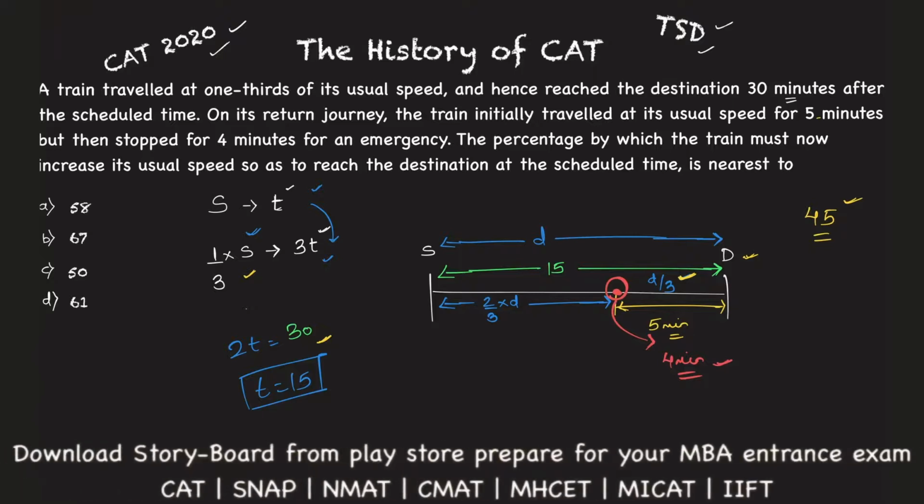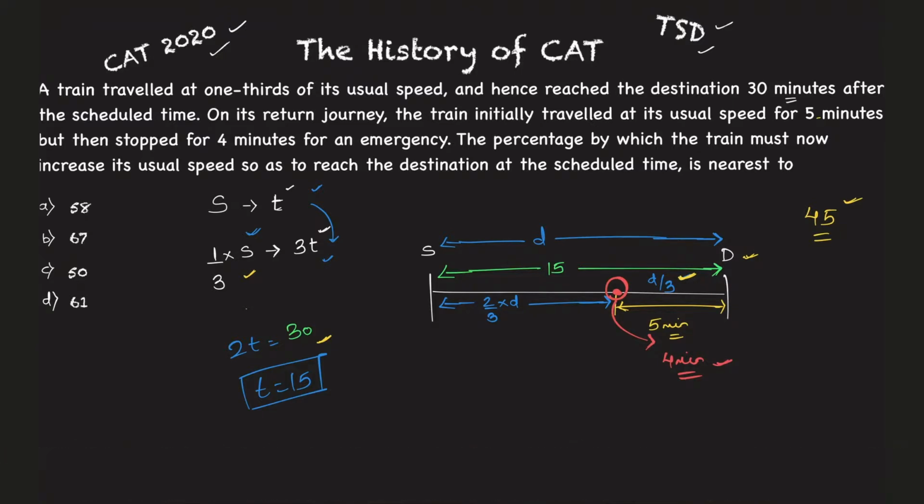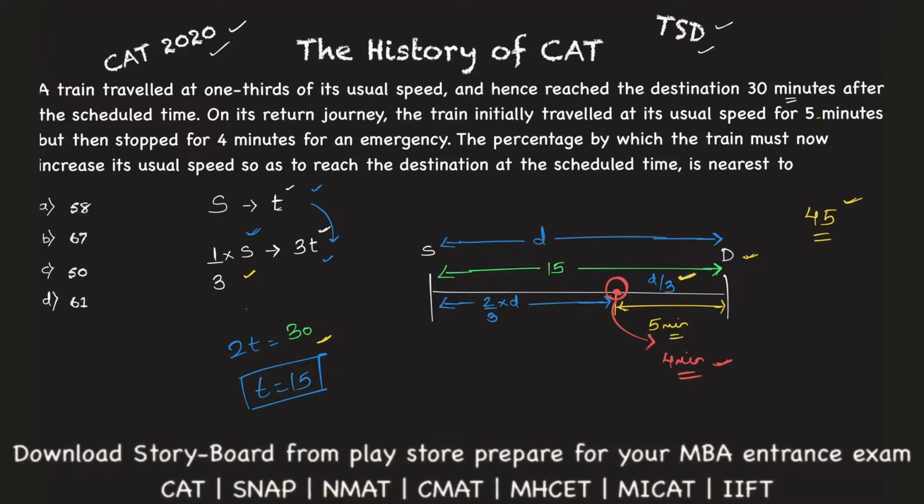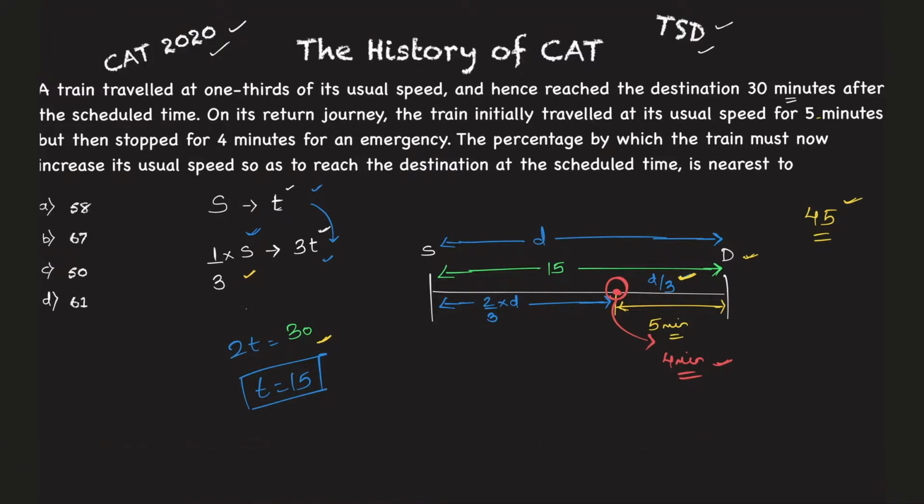The percentage by which the train must now increase its usual speed so as to reach the destination at the scheduled time. So till here, what was the speed of the train? S, right? Because it was traveling with its usual speed of s. But now what has happened? If it would have traveled without stopping, it would have covered the remaining distance in what time? 10 minutes.